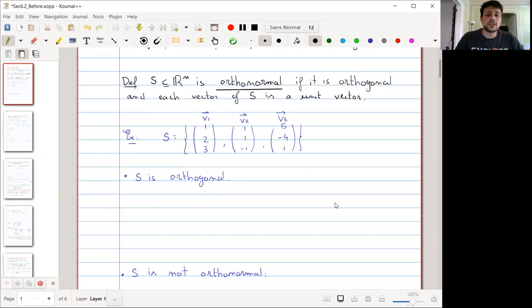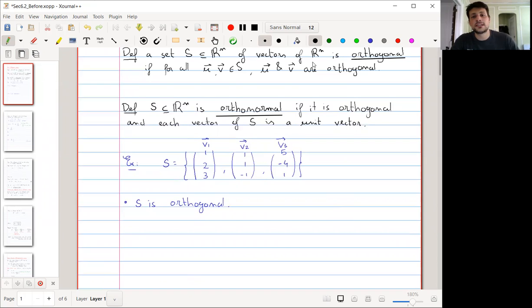Let's see. In this example, we have that the set of vectors S is orthogonal. How can we check that? Well, we need to check that any pair of two vectors is orthogonal to one another. If I take v1 dot v2, that is 1 times 1 plus 2 times 1 plus 3 times minus 1, and that's 0.